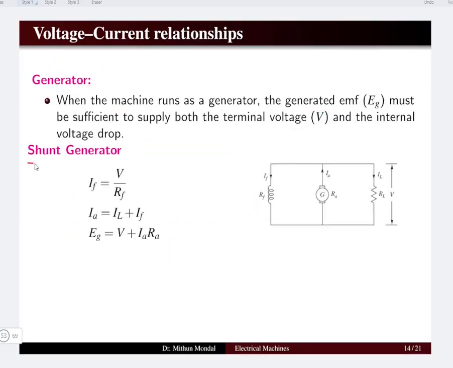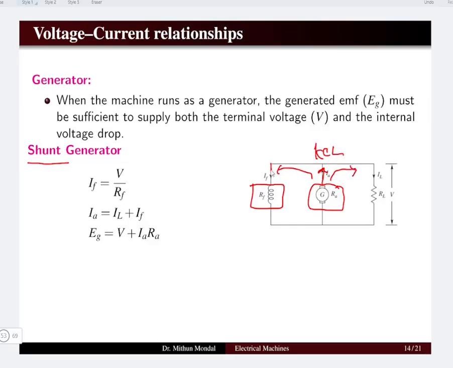Now let us take the example of a shunt generator. In the shunt generator, the armature of the generator and the field winding are connected in parallel, and the current which is produced in the generator will be distributed in two different paths in accordance with Kirchhoff's current law at this node.